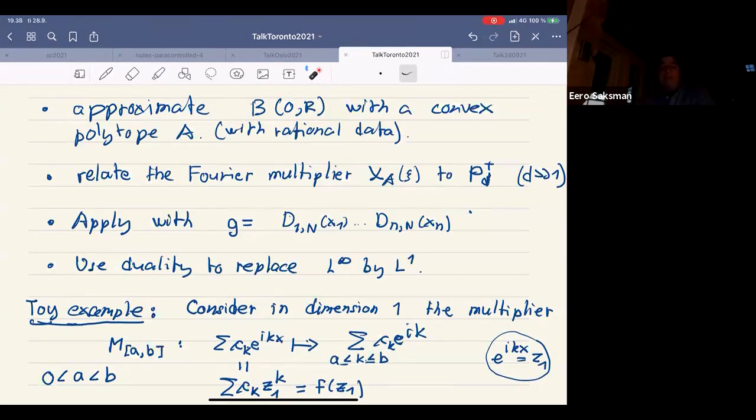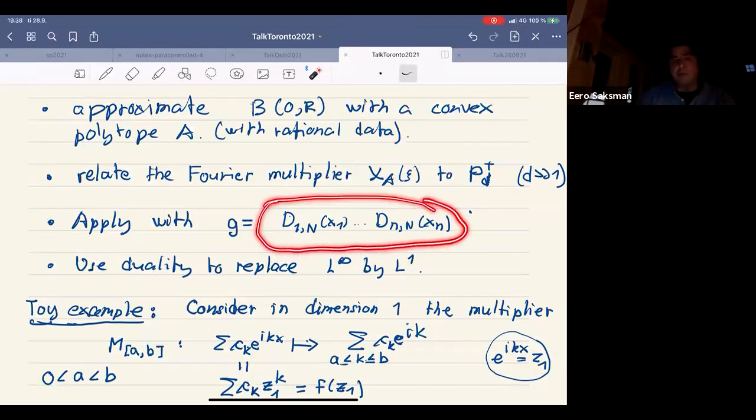And then we have to relate the Fourier multiplier to the Riesz projection. And as I already said, we want to use the Lebesgue constant. We actually want to use the discrepancy between the Lebesgue constant of a cube and a ball in higher dimensions.